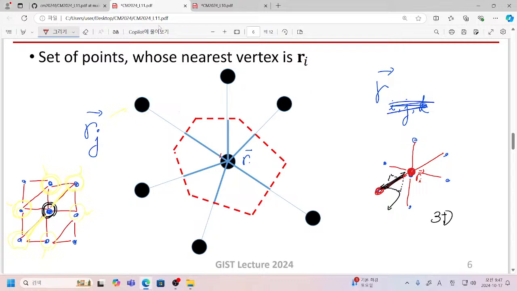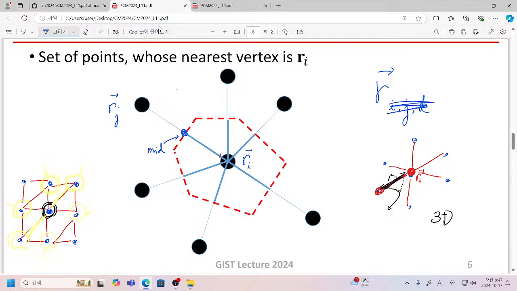Then how can you find the distance this way? Let's consider once again only two points, r sub I and r sub j. Then how can we determine whether this point is closer to r sub I or closer to r sub j? It is amazingly simple. Just consider an edge connecting two points, and there we will have a midpoint between r sub I and r sub j.